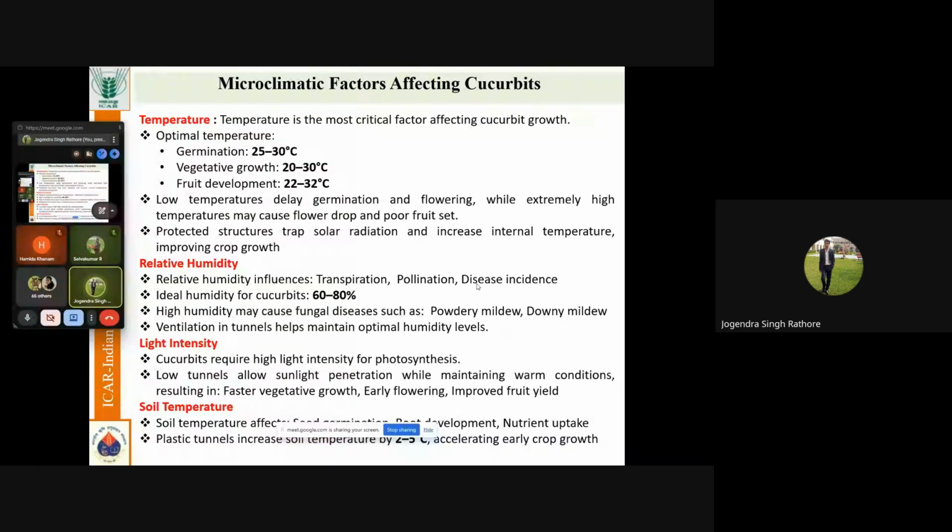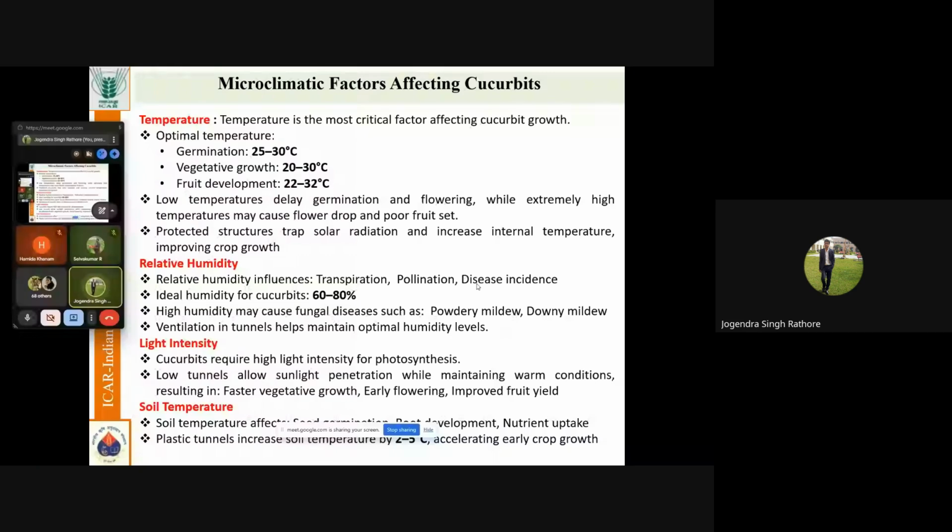Because when we go for low tunnel production, we have to keep in mind that if the relative humidity goes beyond the optimum range, it is going to affect our crop growth and also increase disease incidence. So we have to provide ventilation to maintain the optimum level of humidity.